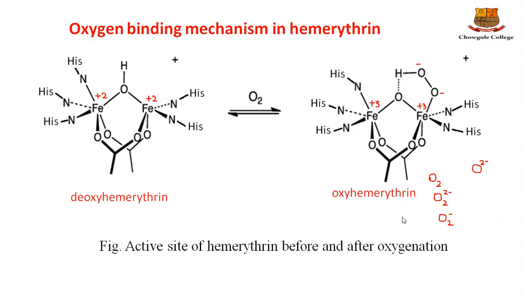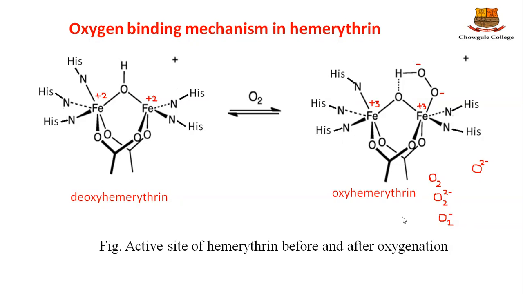The H from the hydroxyl group also forms a bond with the oxygen. In this manner, the bound oxygen becomes a peroxide species.